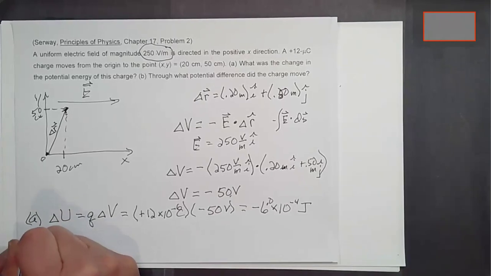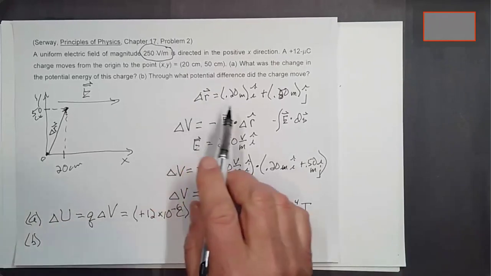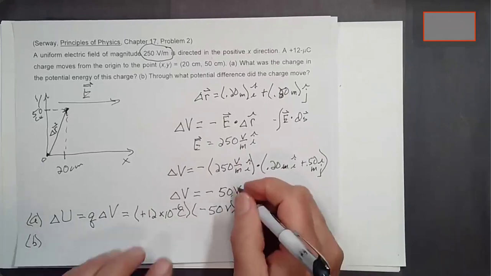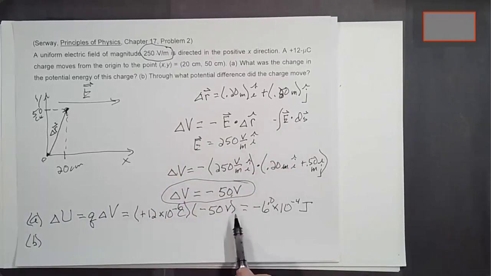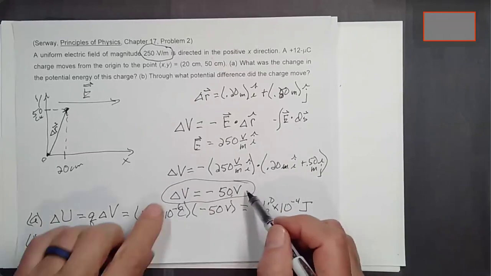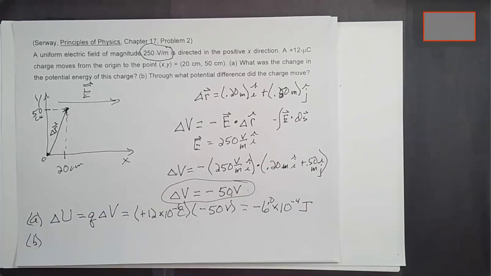For part B, what have we got here? Through what potential difference did the charge move? Oh, I already figured this out. It's minus 50 volts. I'm not sure why they asked them in that order, because it's easiest to figure out this thing first and then figure out this thing.